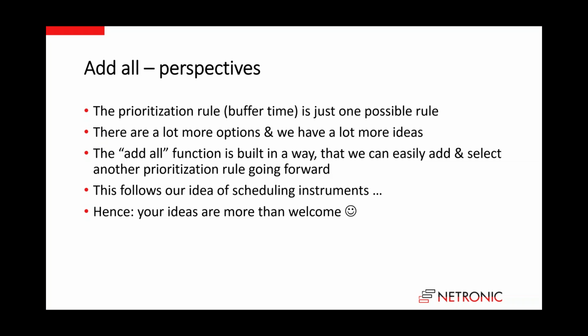So that if in the future we also have rule B, rule C, rule D, you as a user could say, okay, now I want to apply this rule, or now I want to take into account this. So this actually fully follows our ideas of scheduling instruments. And if you have smart ideas for prioritization rules, then please let me know. They are more than welcome.